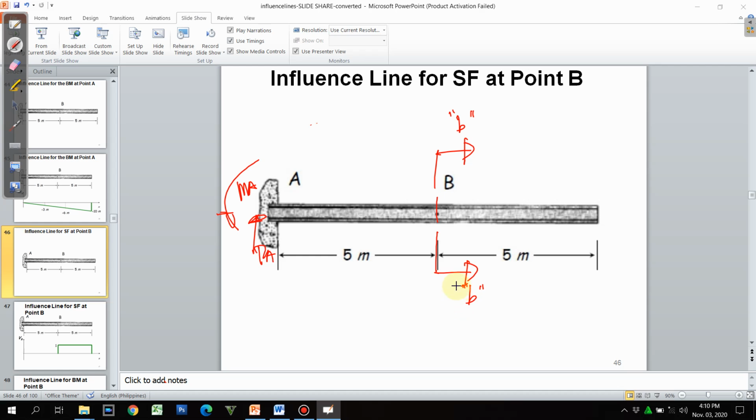So why do we need to consider the right portion? It is much more convenient because on that we do not need to deal with this reaction. Okay.